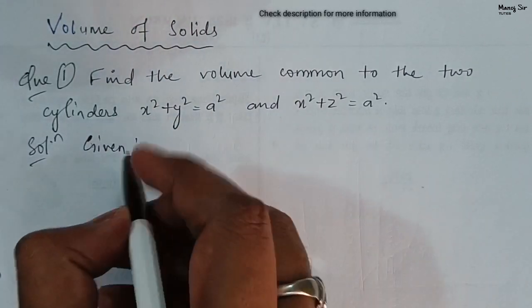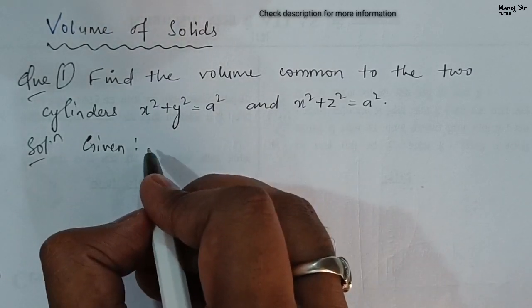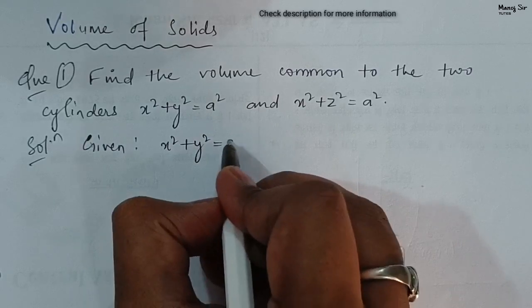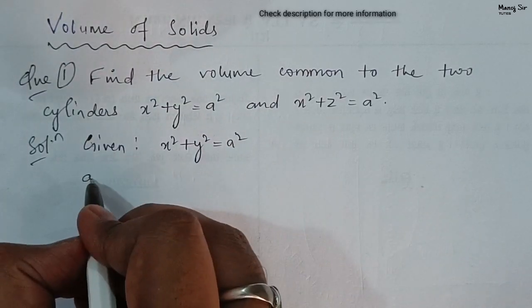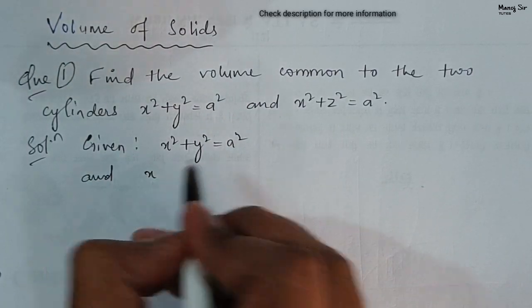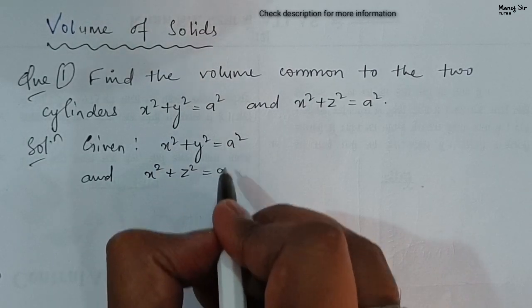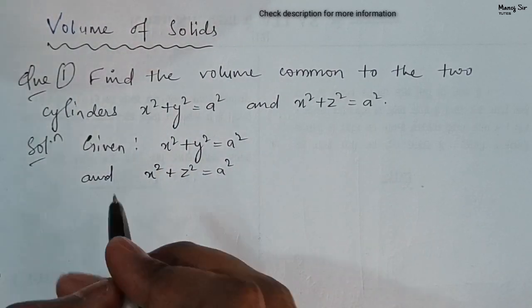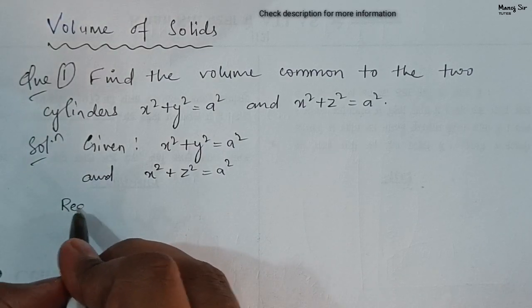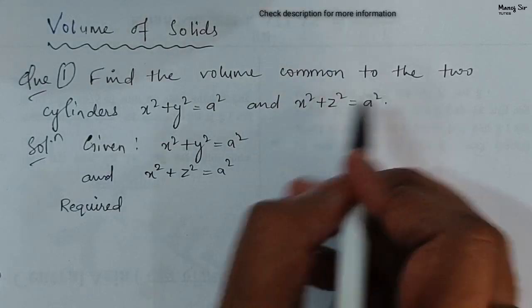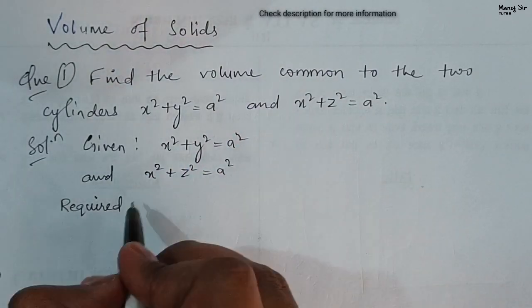That is cylinders. So x square plus y square equals a square, and another equation is x square plus z square equals a square. Now we want the volume common to the two cylinders whose equations are these two.